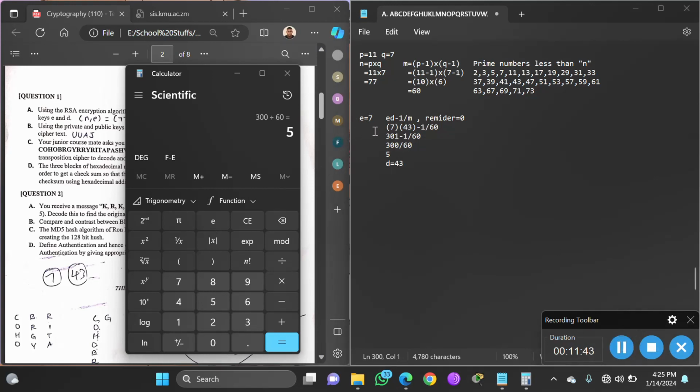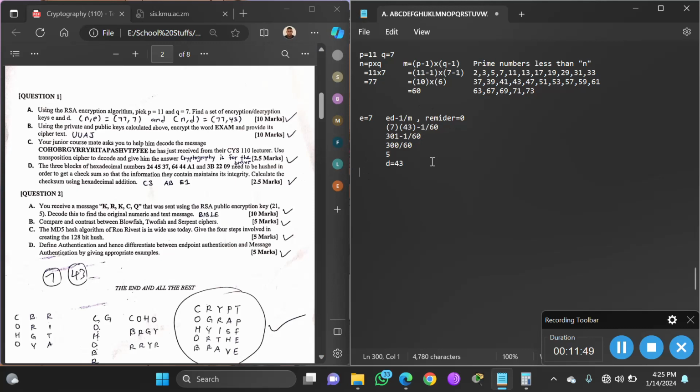So that's how you find E and D. So just a quick revision. For us to come up with the encryption keys, the first thing we did is to make sure that we know the value for N, and N had the formula which is P times Q. So we just replaced the value for P and Q to get 77.